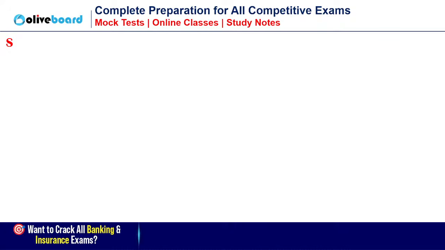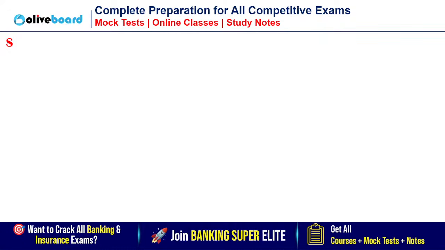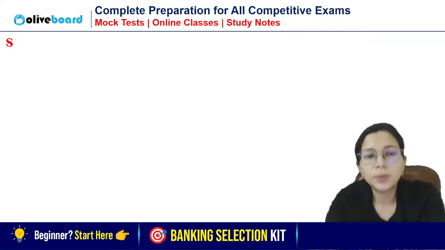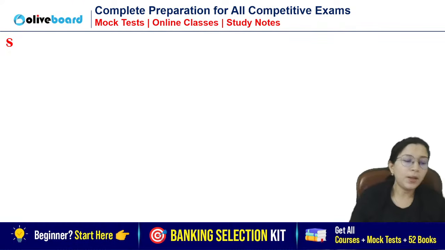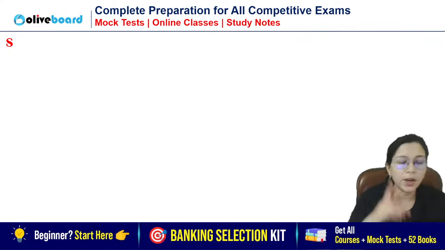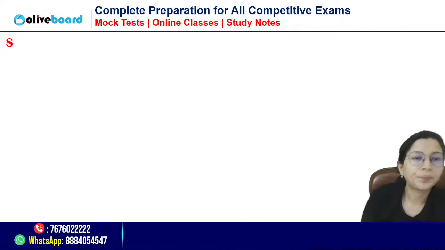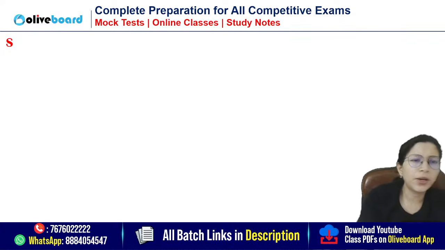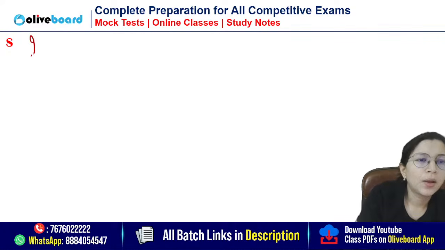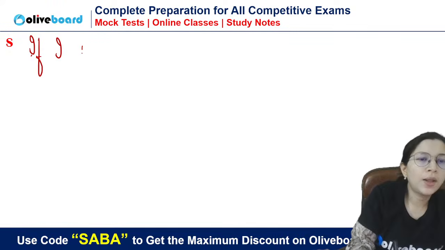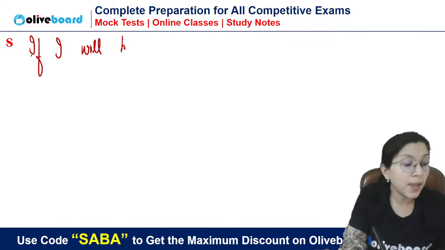Now I'm trying to explain all the 3 conditions with one example. Everybody pay attention here. One example and all the 3 conditions. In fact, I will explain all the 4 conditions. First read the whole sentence and then find the error. Do not find the error in between.